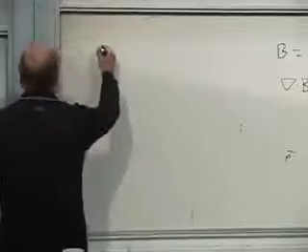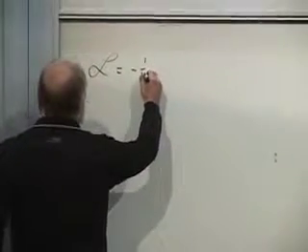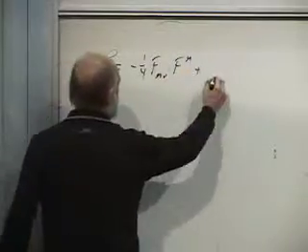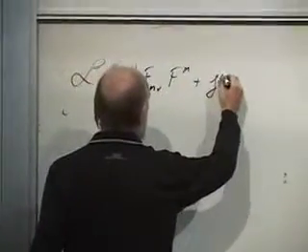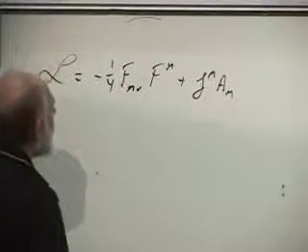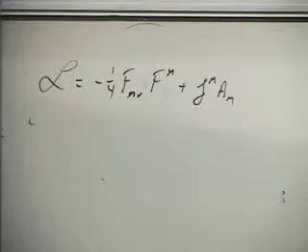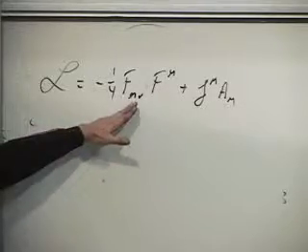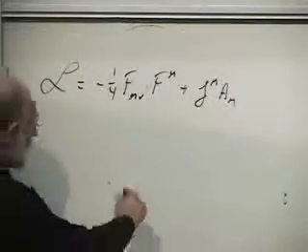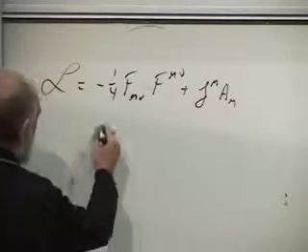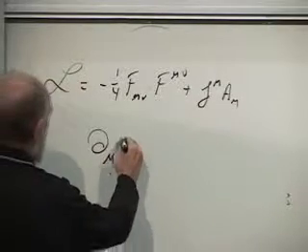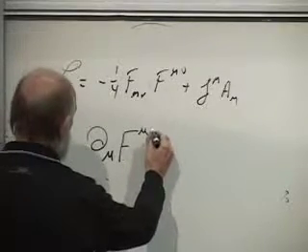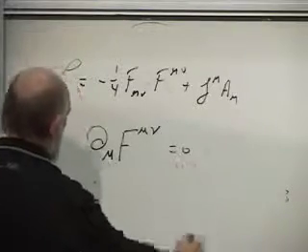We have the Lagrangian, which is minus a quarter F mu nu F mu nu, and then I put in plus j mu A mu. I've already worked out the equation of motion that comes just from the F mu nu terms. I'll remind you what it is. It was d mu F mu nu equal to 0.